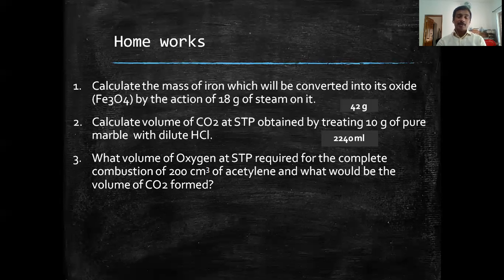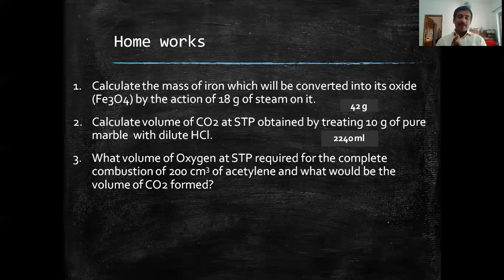Products are not mentioned. Yes, one of the products, CO2, is mentioned. So C2H2 plus O2 gives CO2 plus what will be the other product? Hydrogen is not there, so H2O will be the product. That is the skeleton of the equation. You have to balance it.